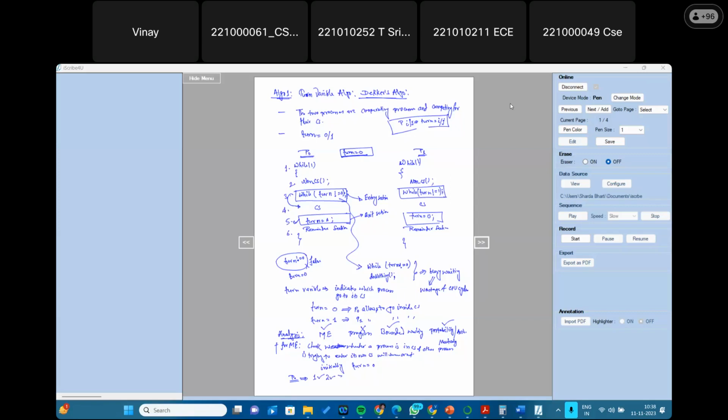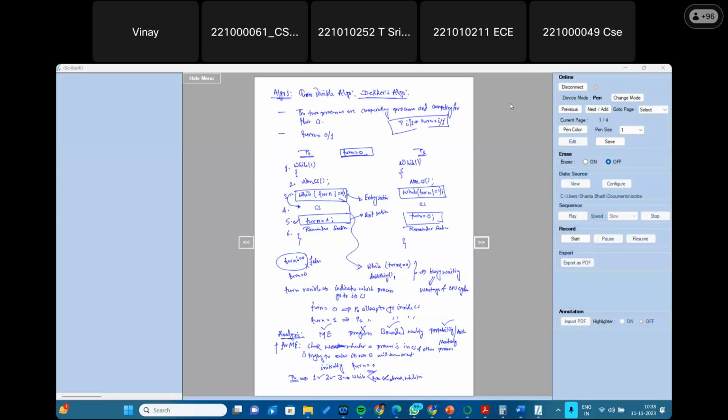When we reach 3, it will check whether the while condition is true or false. You can check, turn equals 0. Here the condition is turn not equal to 0, which is a false condition. So it will break the while loop.